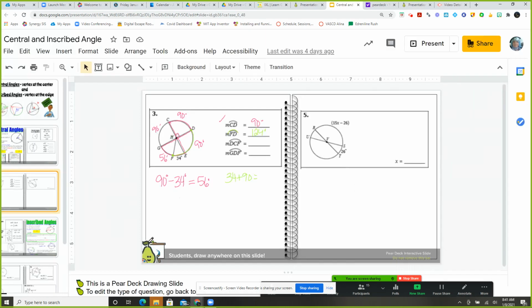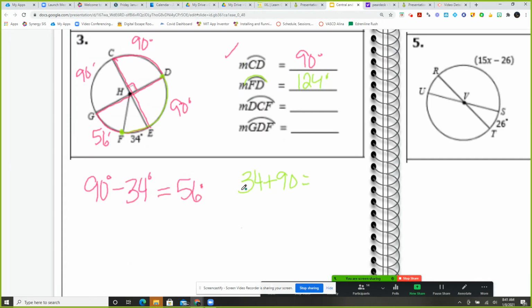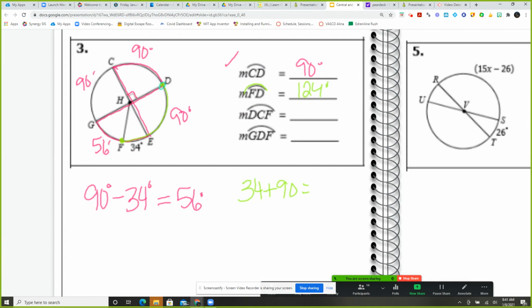And then C, D, C, F, I want to do those in order. D, C, F. I've got to go to C first. So it's like I'm picking up dinner for my grandma at my mom's house, and then I got to take it to my grandma's house, right? So I've got to go from D to C to F. So that's going to be 90 plus 90 plus 56.